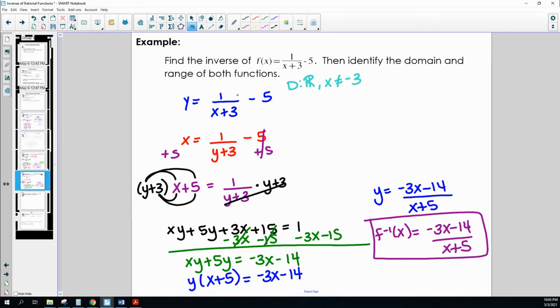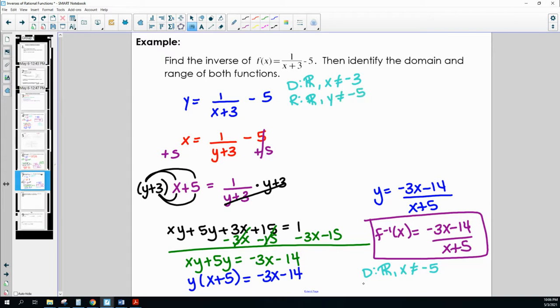For the range on this one, it's a little bit tricky because there's some other stuff going on. So again, let's focus on the inverse. If I take the inverse and find the domain, all real numbers, x cannot equal what makes the denominator 0, which would be negative 5. So my range, therefore, of the original will be all real numbers, except y cannot equal negative 5.